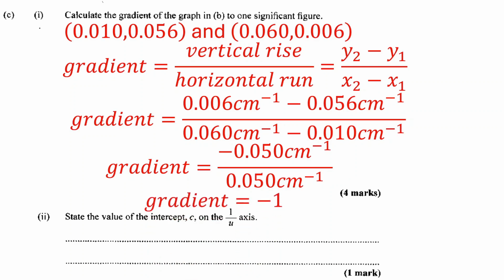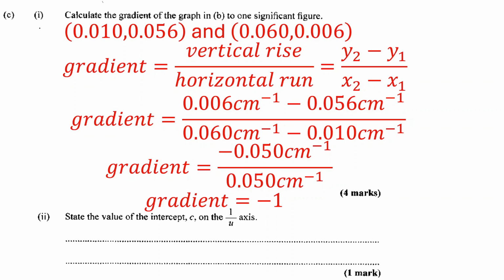For this graph, there are no units because they cancel out. But in general, please make sure that you have the correct units for your graph. You may notice that here, this graph question to calculate the gradient is only for 4 marks. Typically, it is for 5 marks because you are to include the gradient. Here, since no gradient is there for the answer, it's only for 4 marks.